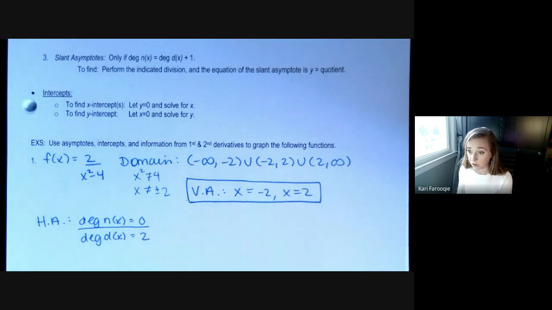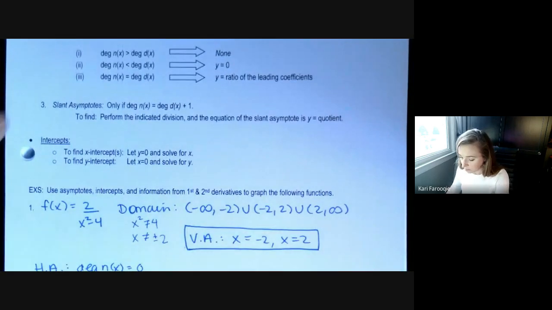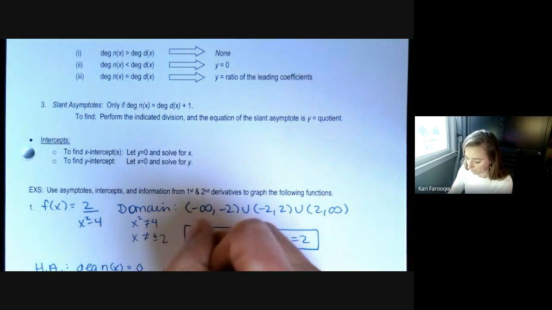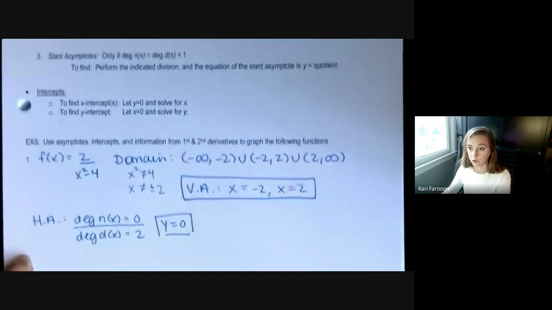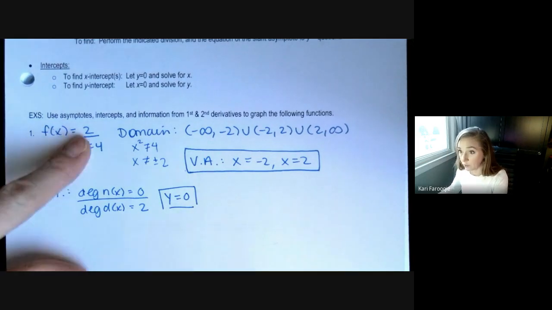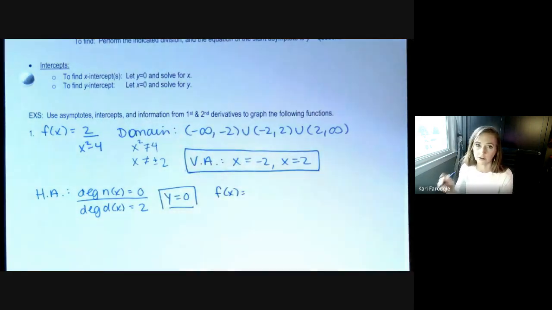If you want to memorize the rule, you can. You can just say, okay, we have the degree in the numerator being less than the degree in the denominator, which leads us to y equals 0. The only other thing I would suggest would be that little trick that I showed you back when we were talking about limits at infinity. What we did was we just rewrote the function so that the degree in the numerator matches the degree in the denominator.